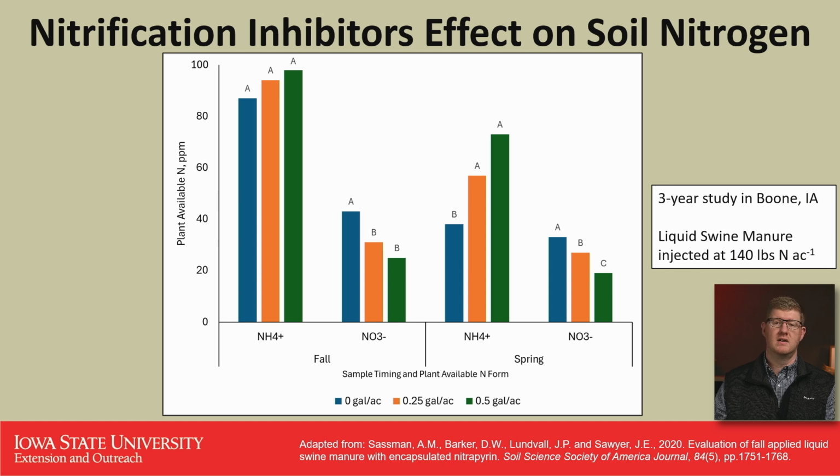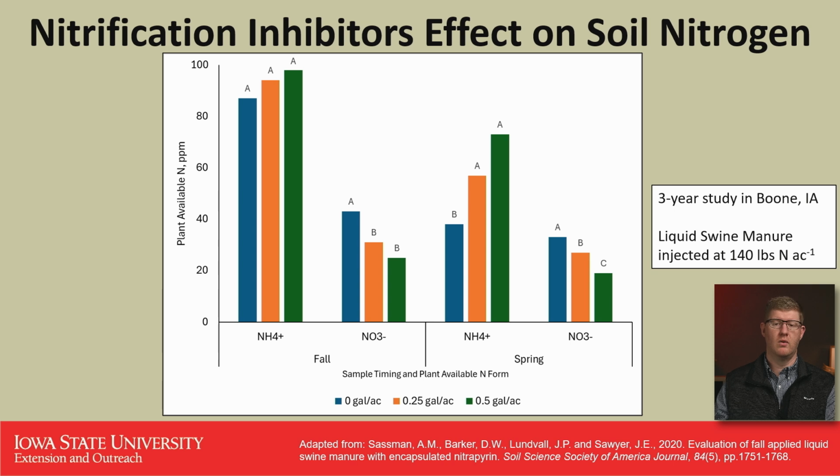The different colors: the blue represents no inhibitor, the orange is 0.25 gallons per acre or a quart per acre, and the green is 2 quarts per acre, half gallon per acre. Our recommended rate is going to be the orange, and they were interested to see if doubling the rate improved the efficacy.